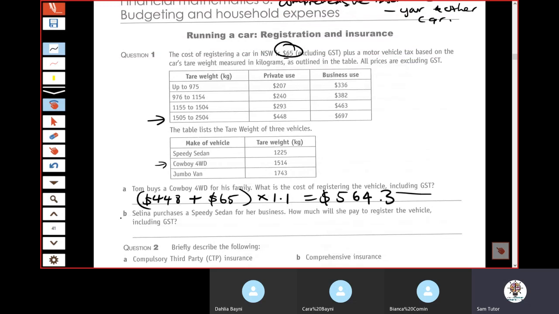Try B now, just quickly. She purchased a Speedy sedan for her business.